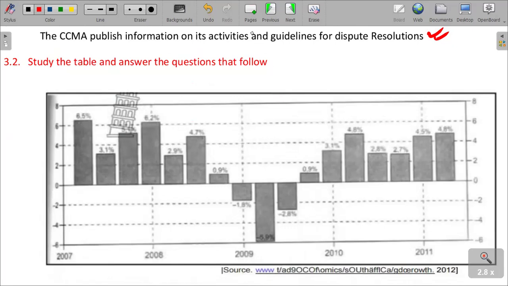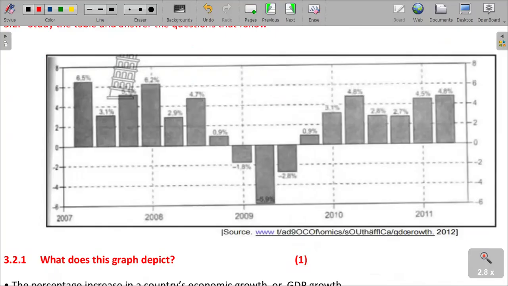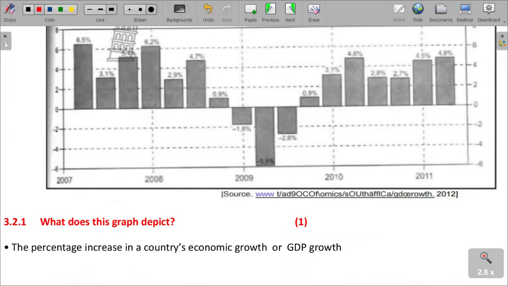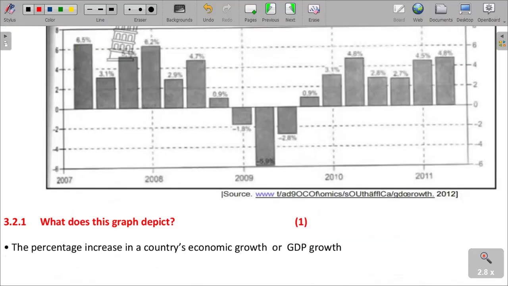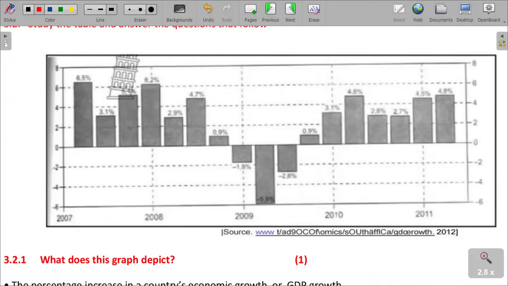And then the table, study the table and answer the questions that follow. We are given 2007 up to 2011, the dynamics in terms of growth and decrease of the economic performance of a country. So what does the graph depict? We are given percentages that are varying up and down and even sinking some years.